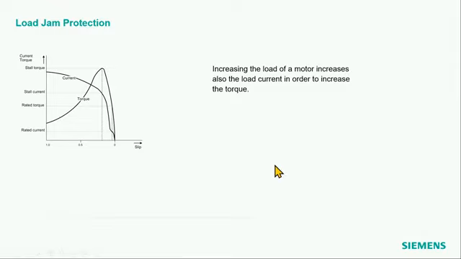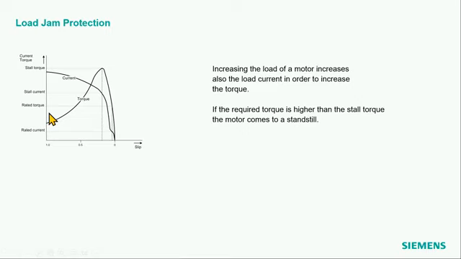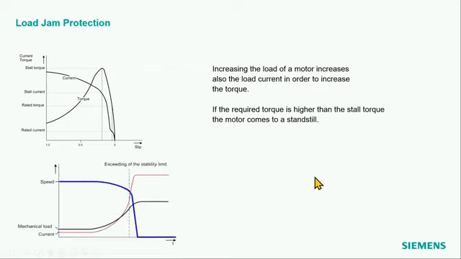And this is basically what we detect. We look if the current goes over a certain threshold. So if the required torque is higher than this stall torque, or break-even point, then the motor will slow down at the end. This is just to explain a little bit this diagram here. I have another diagram.